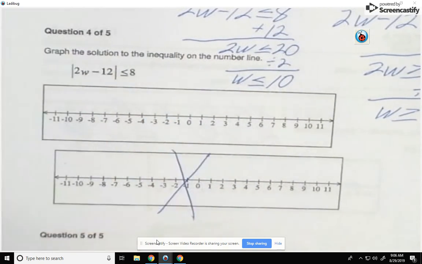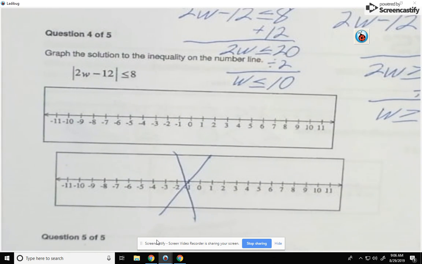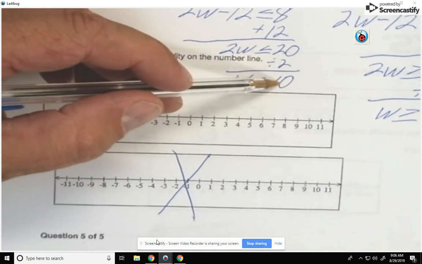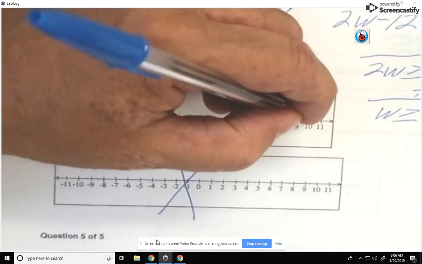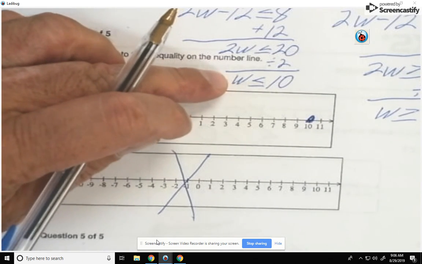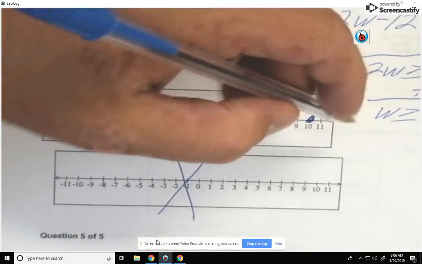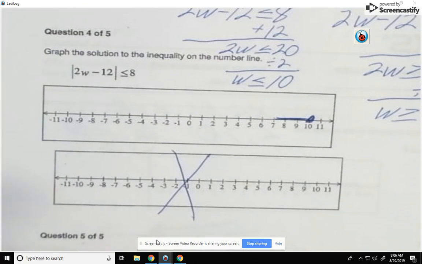Okay, so here they give us 2 lines. That was a mistake for some reason. We're going to graph both of these on the same line. Okay, so for the first one, with the 10, we notice that we have the line underneath, so closed dot on the 10. It is pointing at my W in this case, so I know I'm going to the left. And I'm going to just go a little ways and stop for right now.